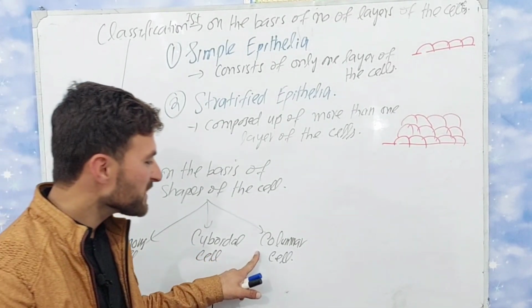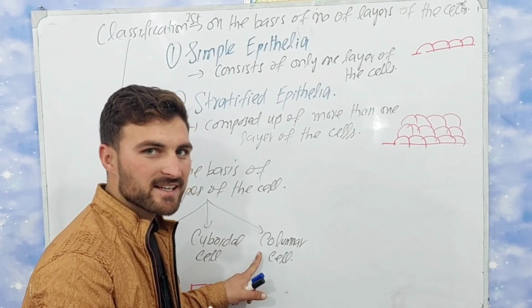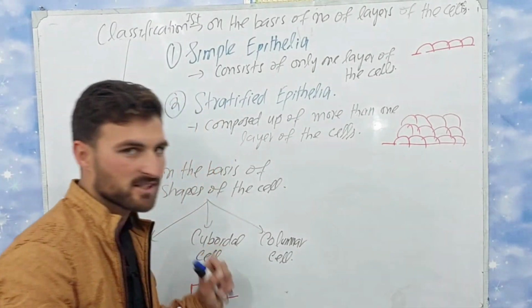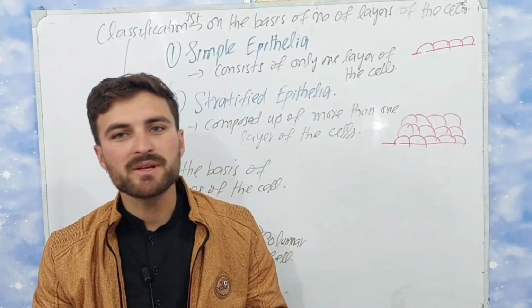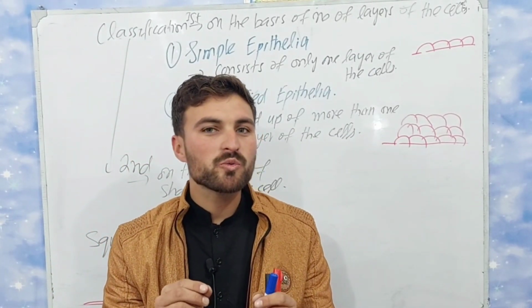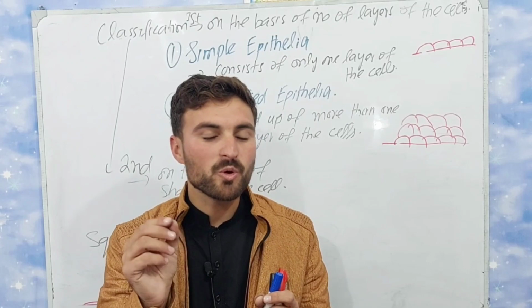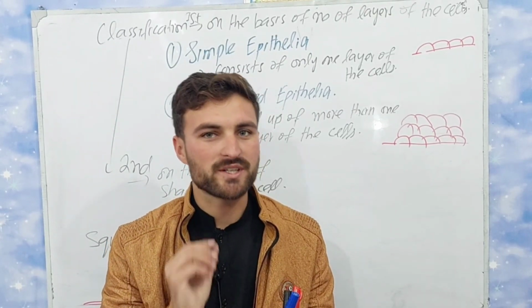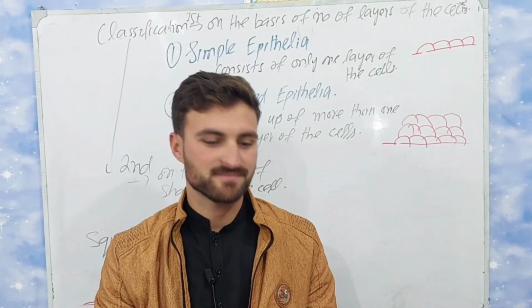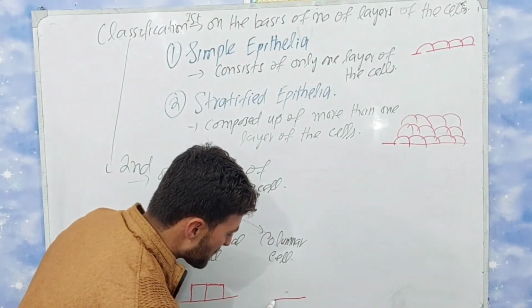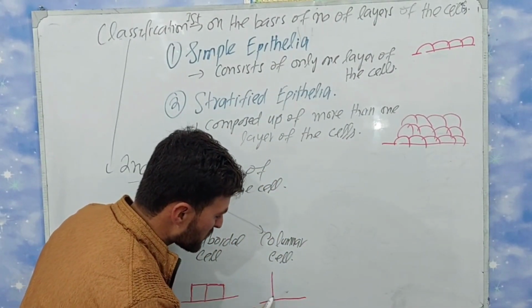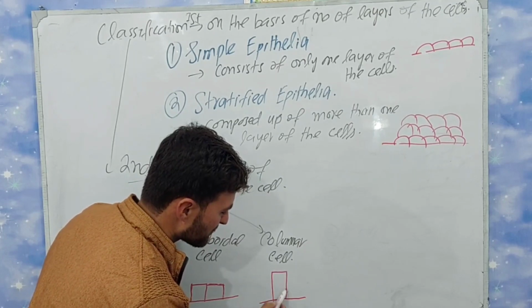Now let's proceed to the third and last one, which is the columnar cell. If you analyze, the columnar cell will be the cell which has height more than the width. Let's suppose this is the basement membrane, so the cell will be like this.